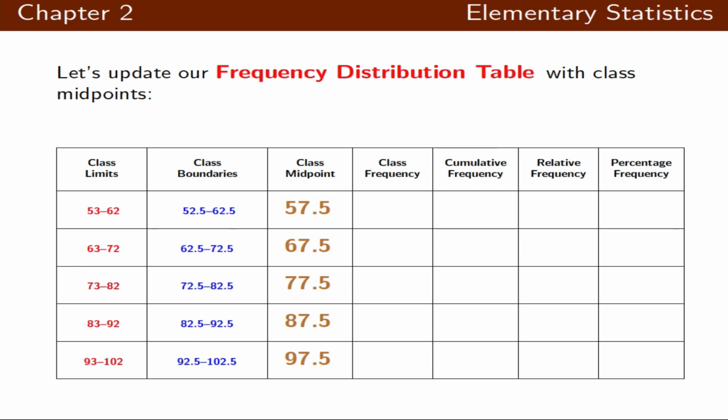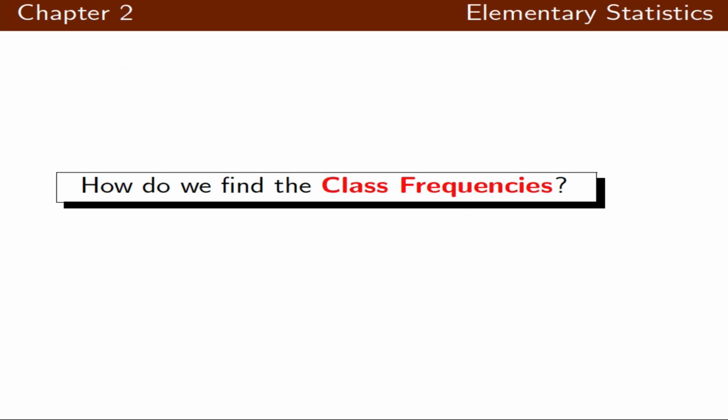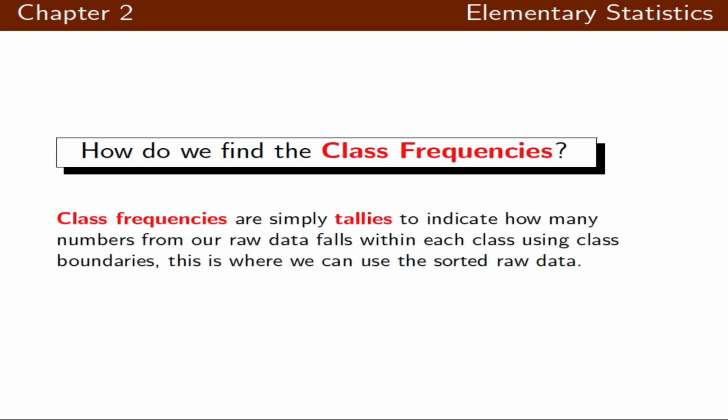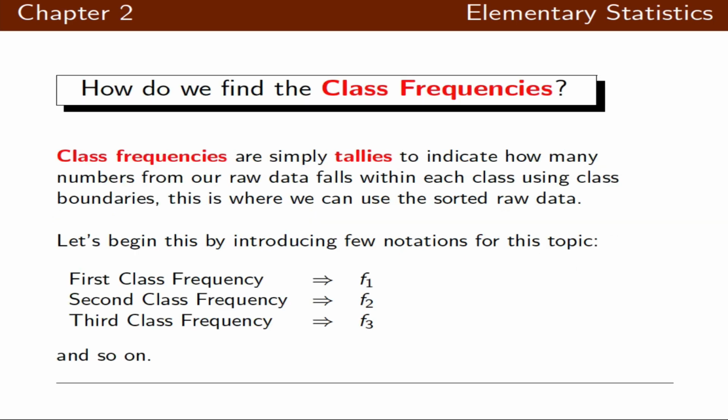Now let's look at the class frequency. Class frequency is basically the tally of the data for each class to see how many of the raw data fall within each class. So we can refer to this as F1, frequency for class 1, F2, frequency for second class, F3, frequency for a third class, and so on and so forth.